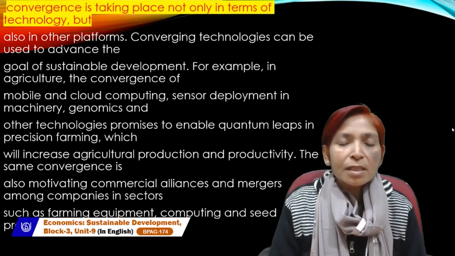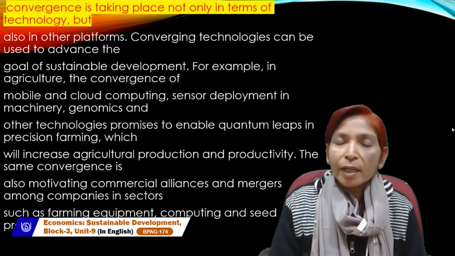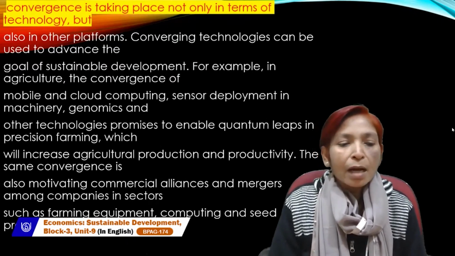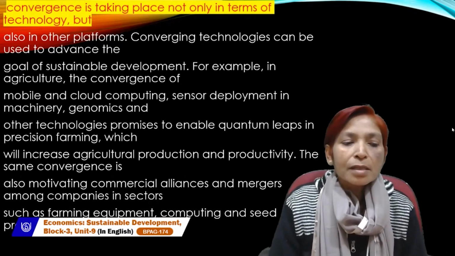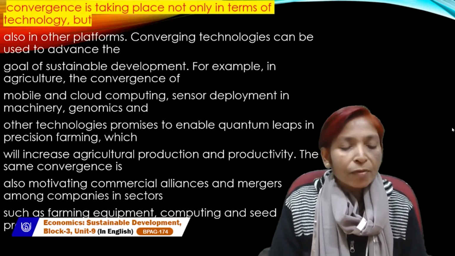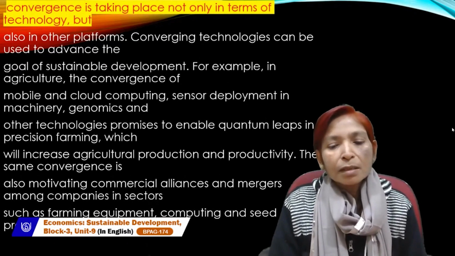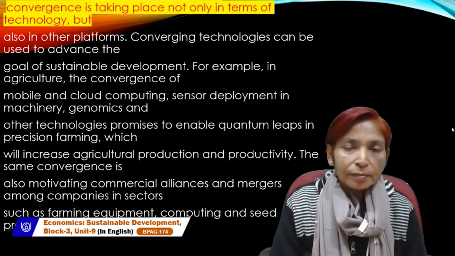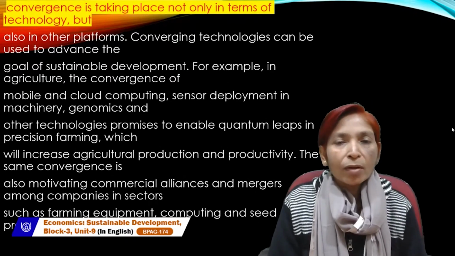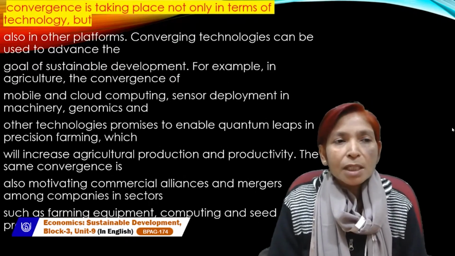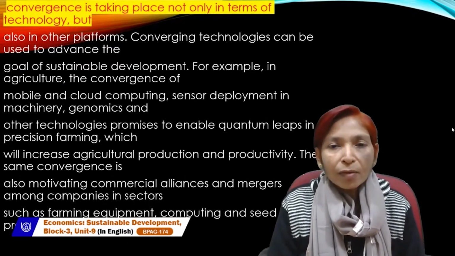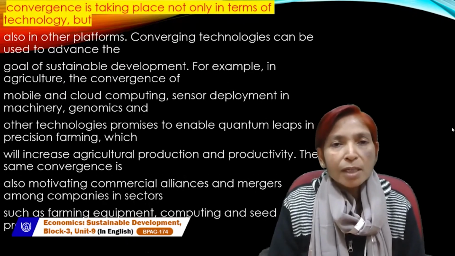The same convergence is also motivating commercial alliances and mergers among companies in sectors such as farming, equipment, computing, and seed production. So, convergence of technology and green technology is very necessary in every sector of the economy for the achievement of sustainable development.